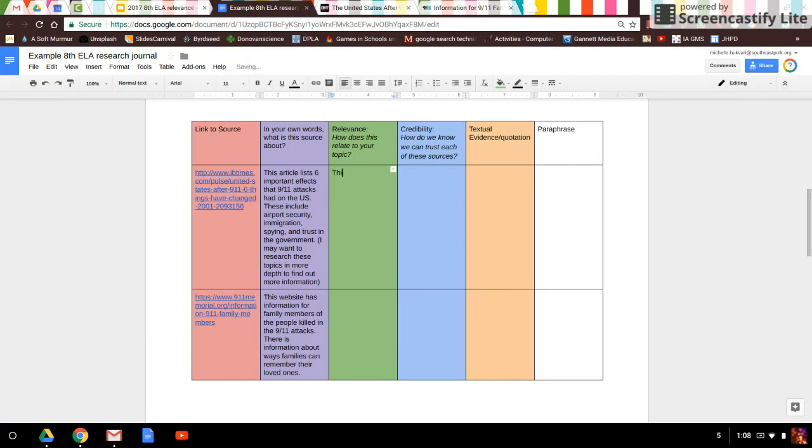So then my last step is to write in my green column why this is relevant. So my article is relevant because it talks about the effects of 9/11 and it talks about security, which are both things that I'm wanting to know.